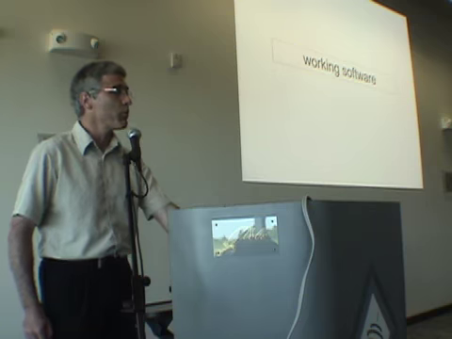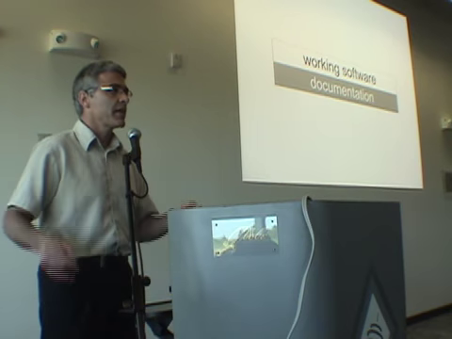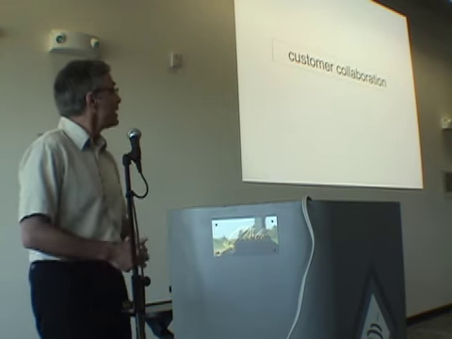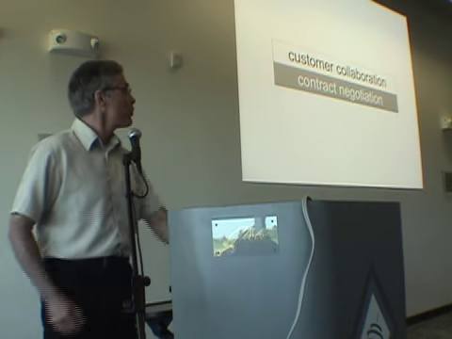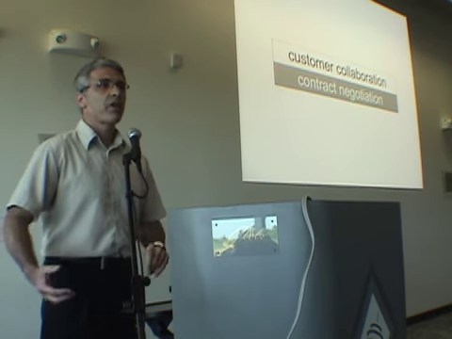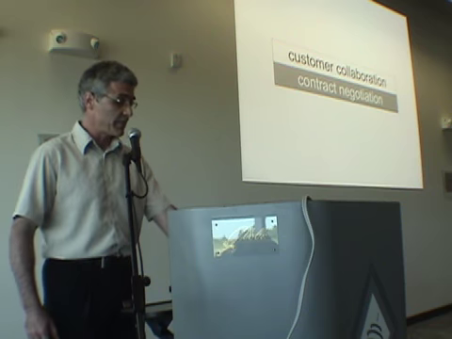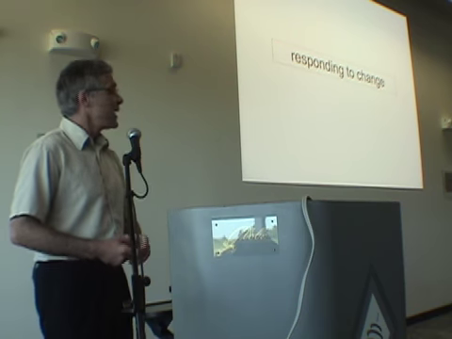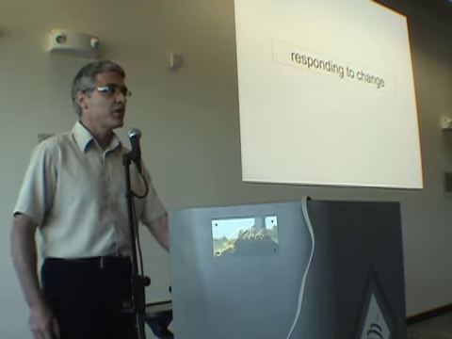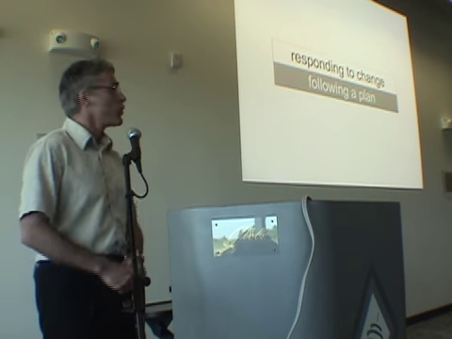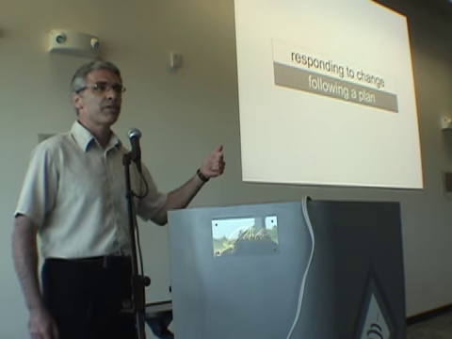Working software was more important than documenting the crap out of it. Customer collaboration was much more important than negotiating contracts when things didn't work out well. And above all, responding to change in internet timeframes was more important than following a plan that was made 2 years ago.